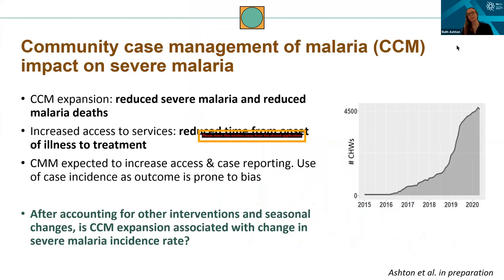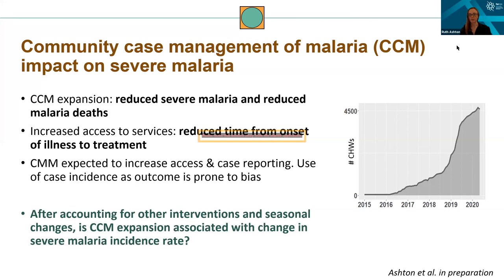And a second piece of research from Zambia that I wanted to talk in a bit more detail about used a slightly different approach, a dose response analysis. So the research question here was to try and understand how an expansion of community case management of malaria has had an impact on malaria burden within the community.